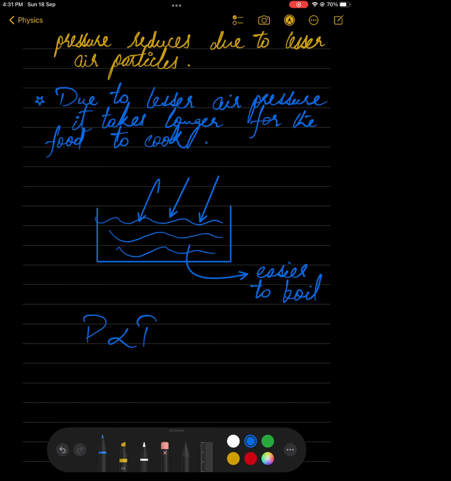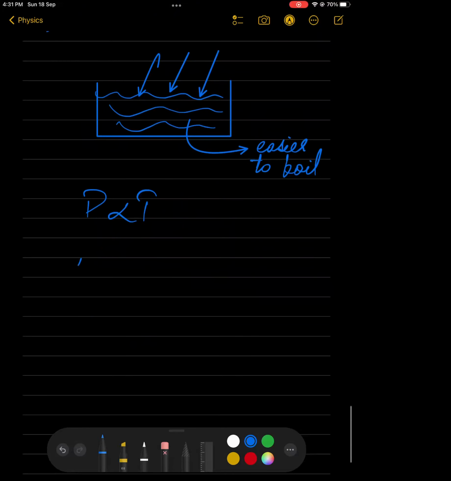So because the pressure on Mount Everest is comparatively lower, it would take more energy to reach that same temperature. Now let's say at ground level it takes 20 minutes to reach 100 degrees.